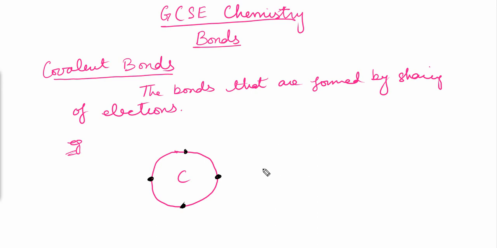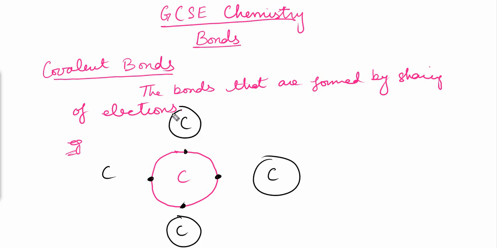So this is one carbon, here's another one, and this is the 4th one. These carbons also have 4 electrons in their outermost shell. 1, 2, 3, 4, 1, 2, 3, 4, 1, 2, 3, 4.